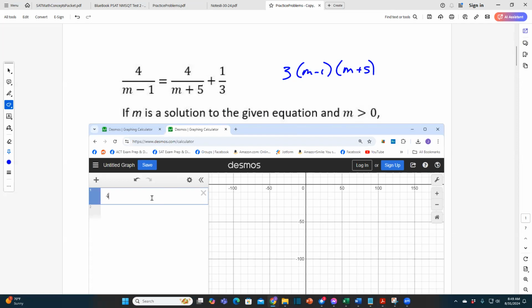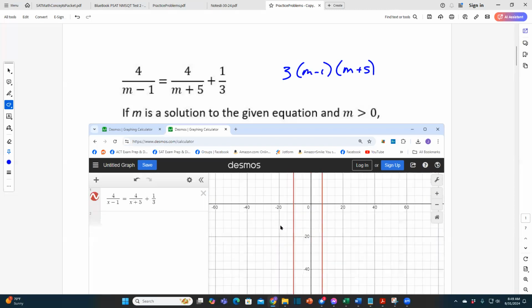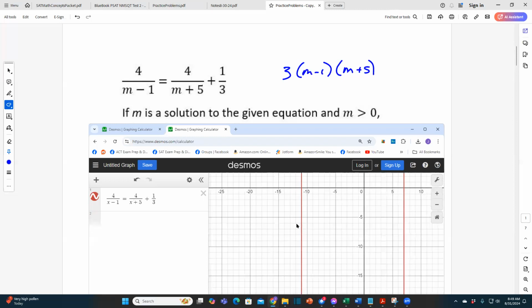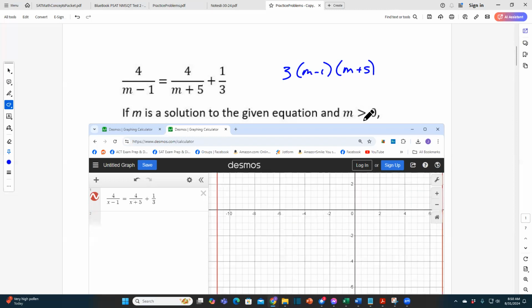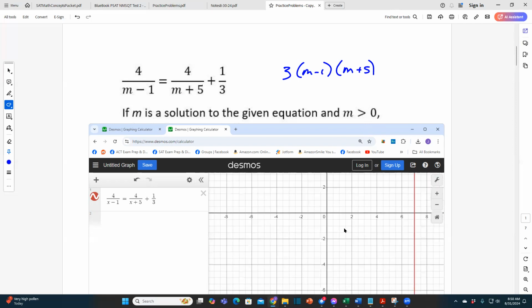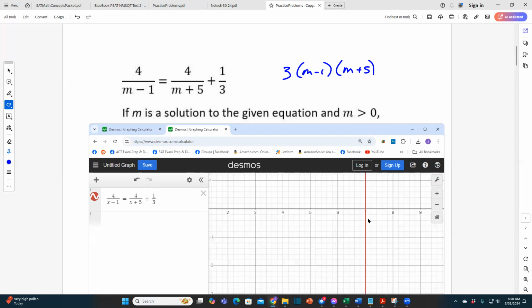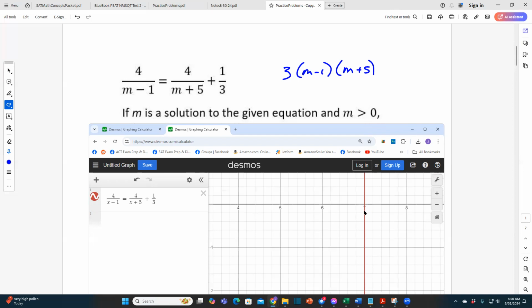So it'll be 4 over x minus 1 equal 4 over x plus 5 plus 1 over 3. And we get these vertical lines as we go through the solutions. And I said for m greater than 0, so we really care about the one over here. And we see it goes through 7.